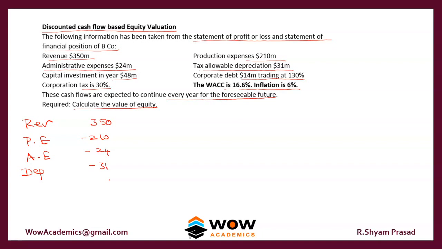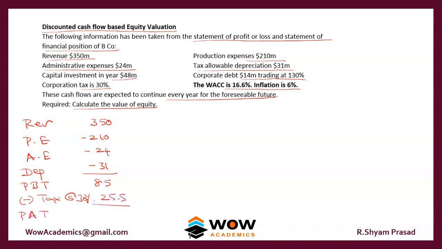So that's what we have. We'll first deduct this. So this will give us profit before tax. Let's see how much it comes to, 85. From here we will deduct the tax. So the tax is at 30%. The tax comes to 25.5.